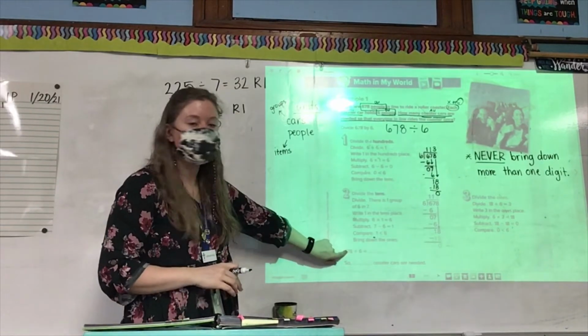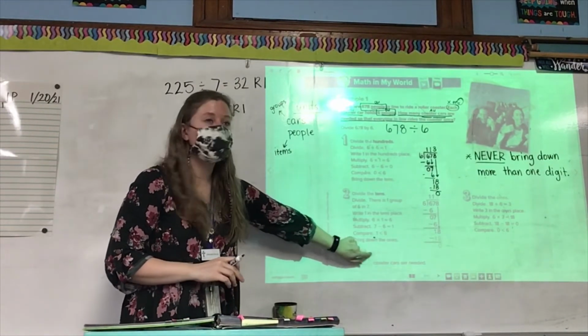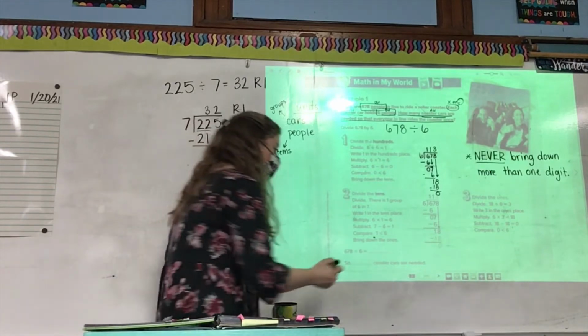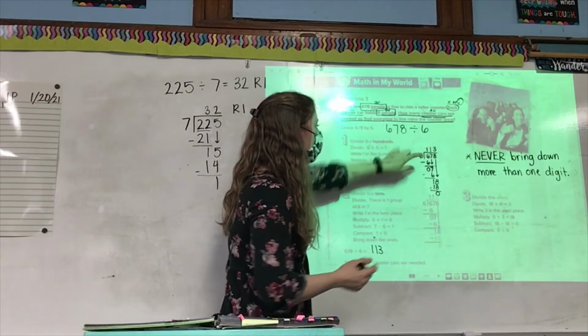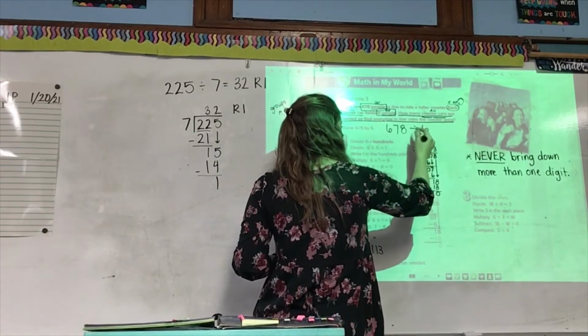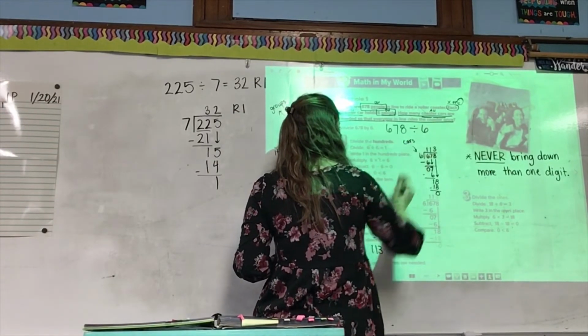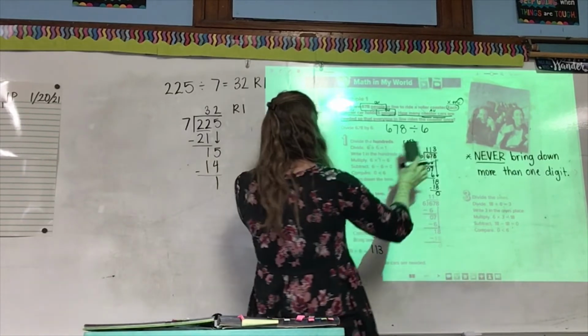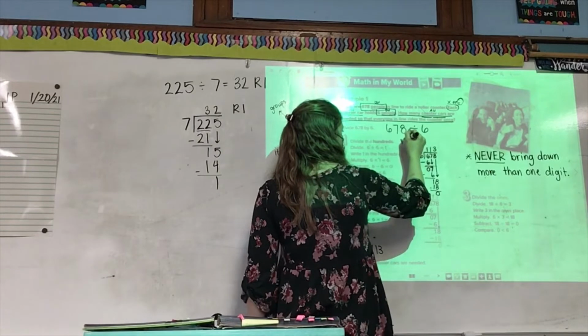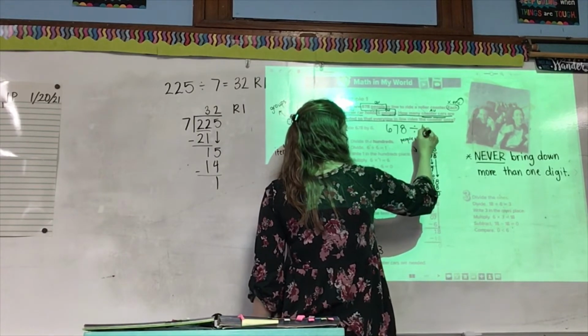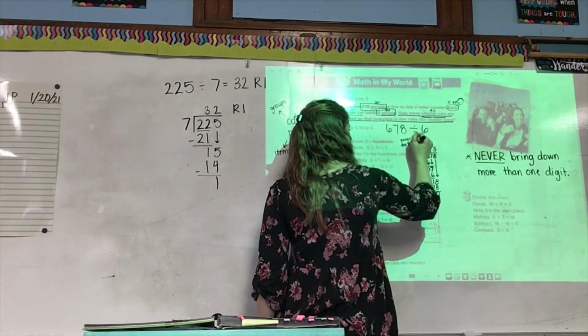So, class, 678 divided by 6 is? 113. We know the 6 is the number of cars. I'm sorry, whoops. Not the number of cars. The number of people in each car.